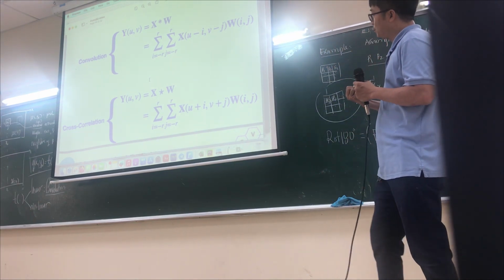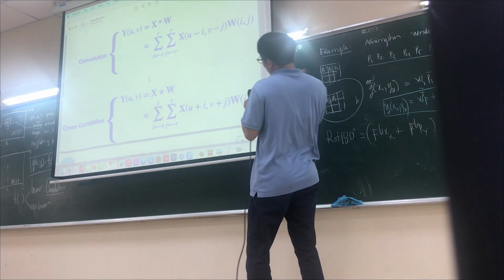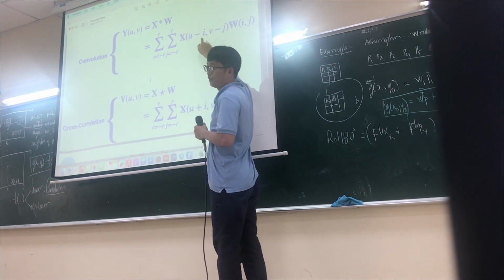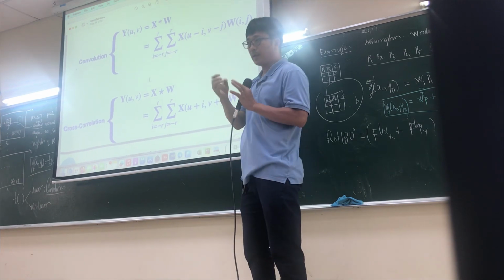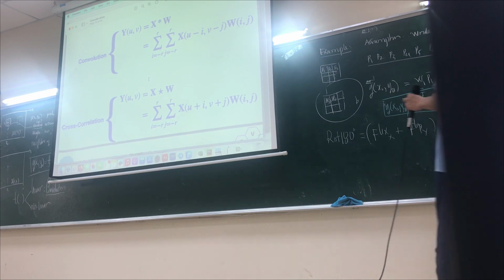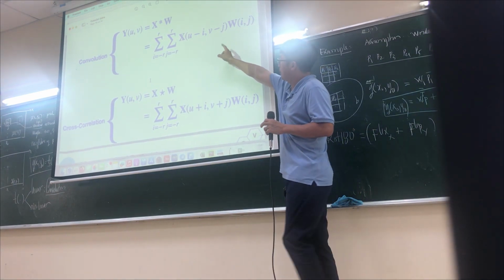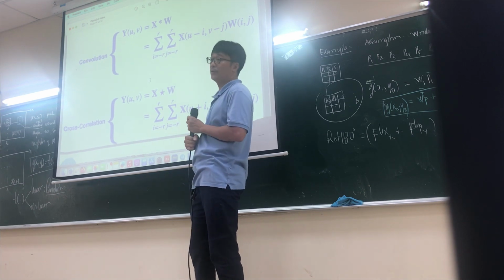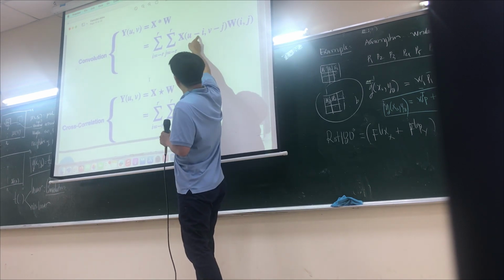In mathematics, the fast Fourier transform corresponds to the result of convolution, not correlation. So that's why, for mathematics, you have to rotate the kernel.